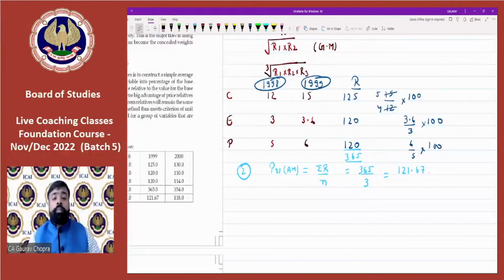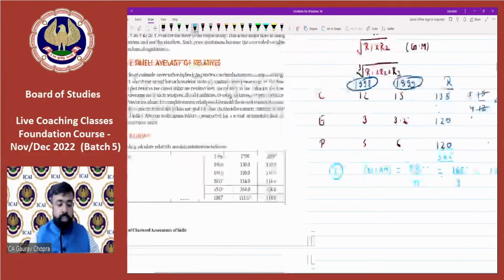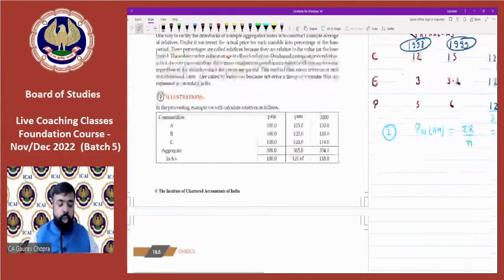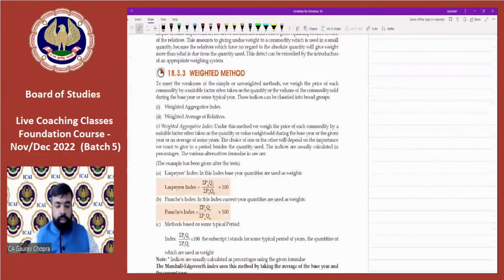It is simply the ratio of prices of current year to the base year. So P1 upon P0 multiplied by 100. All right. So we are getting the final answer as 121.67. Okay. So this was simple average of relative method.